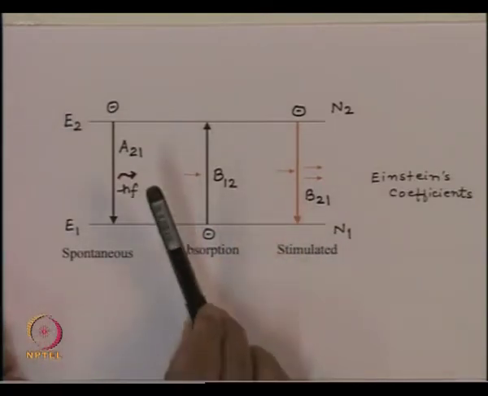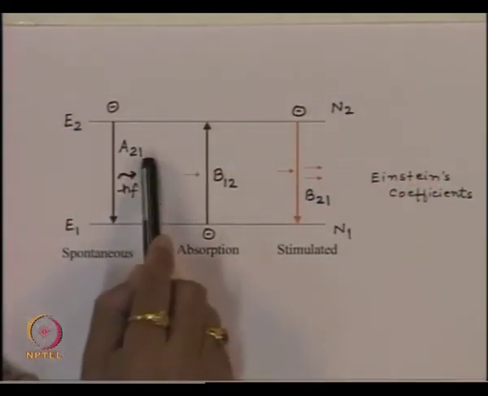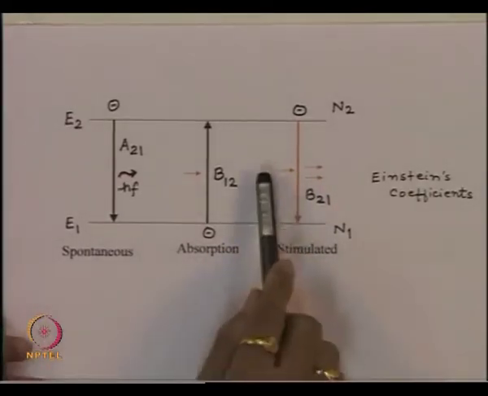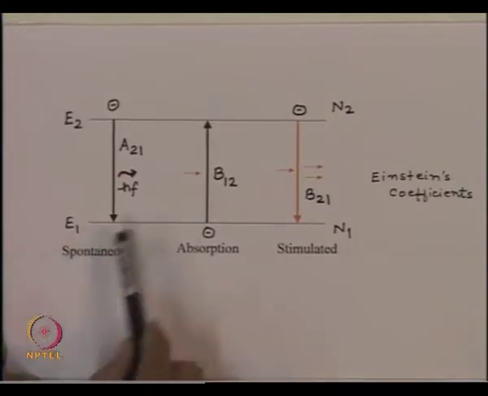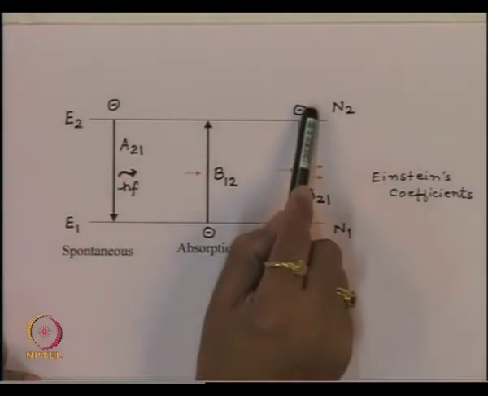Whereas if you look at this process here, which is the spontaneous process, naturally the electron is trying to come down. You will see that the time constant of this is much larger than the time constant of this process. So whenever this process starts and starts dominating, this process does not have much chance to show, because as the photon number grows, very quickly the electrons will be pulled down.